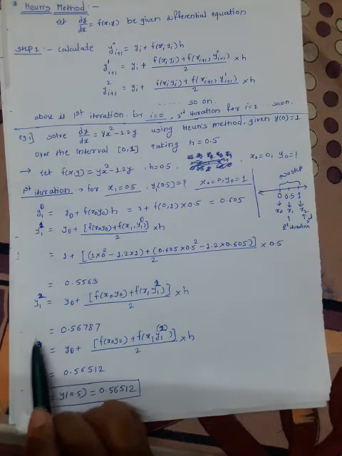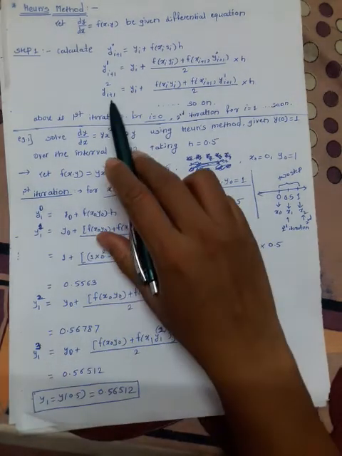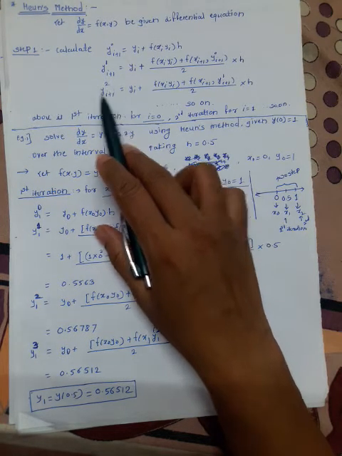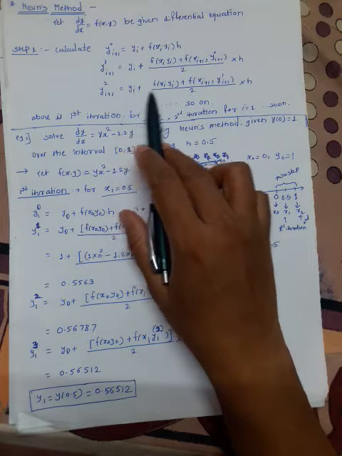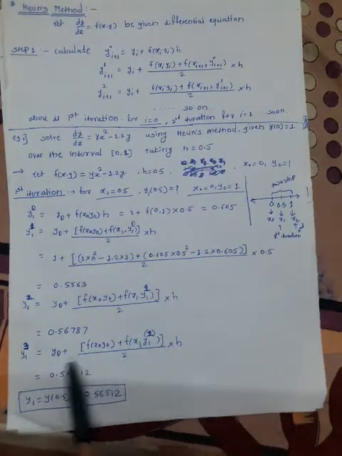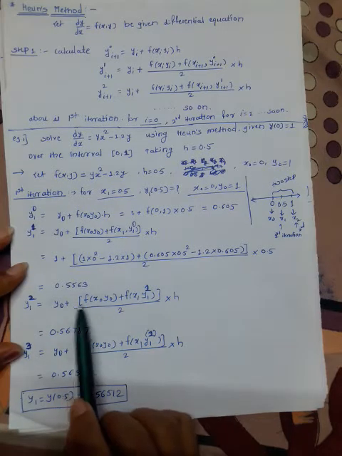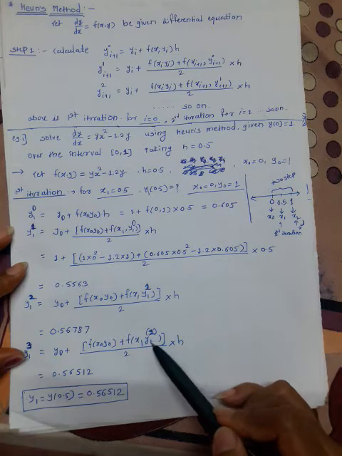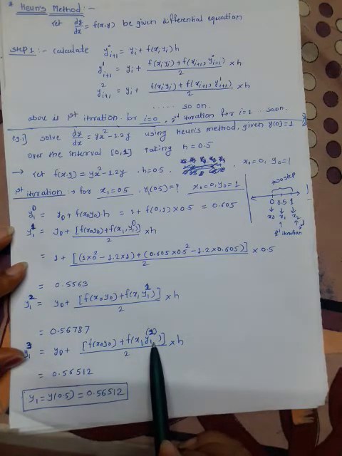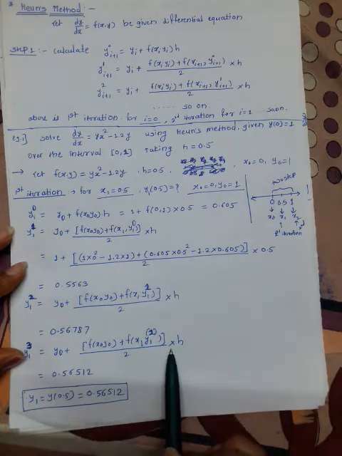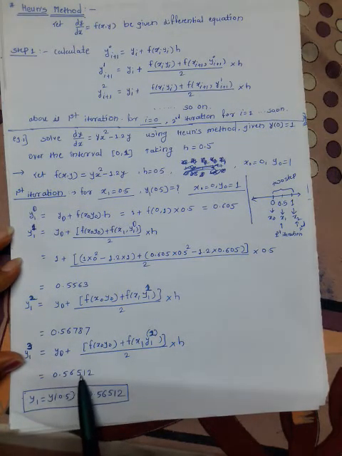Now put next y1 3, the third approximation of this first iteration. Put everywhere i is equal to 0, we get this formula. What is the difference between these two? Just replace y1 1 by y1 2, and put all this function as it is in this step. We get 0.56512.